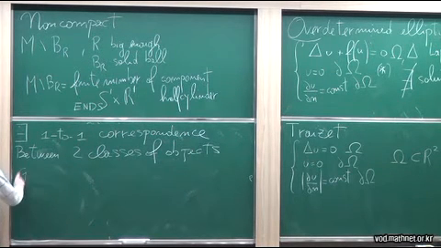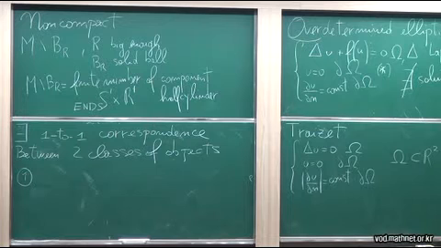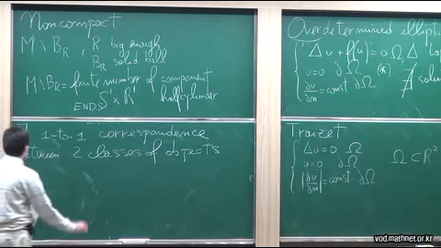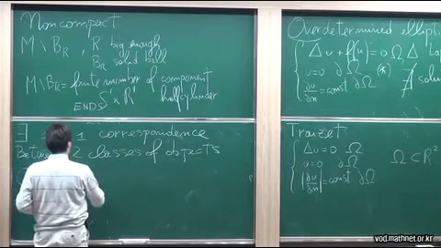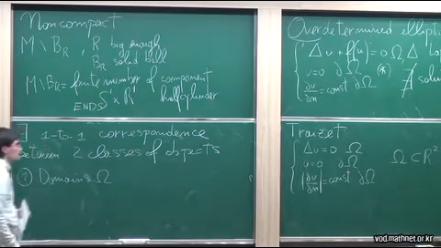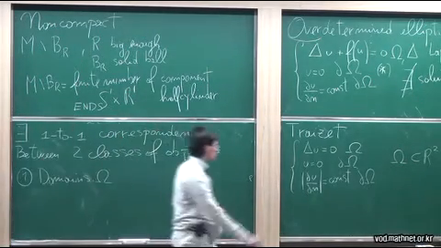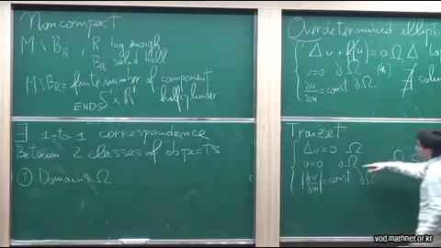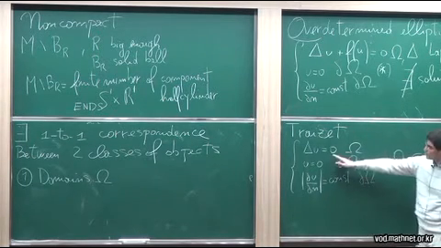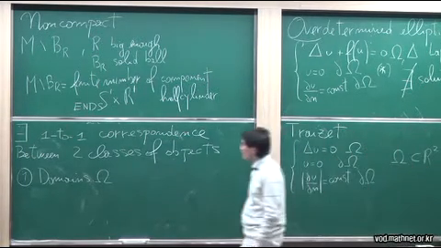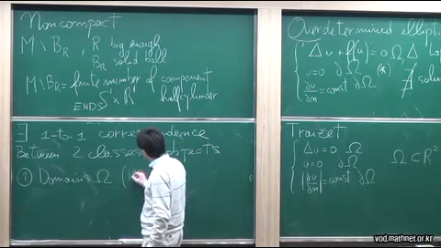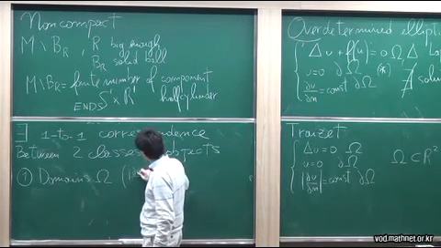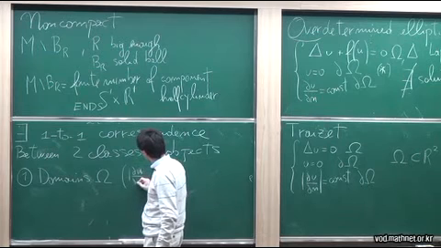One, domains omega satisfying that one. So these domains support a positive harmonic function, plus a hypothesis about which I will not give any comment.